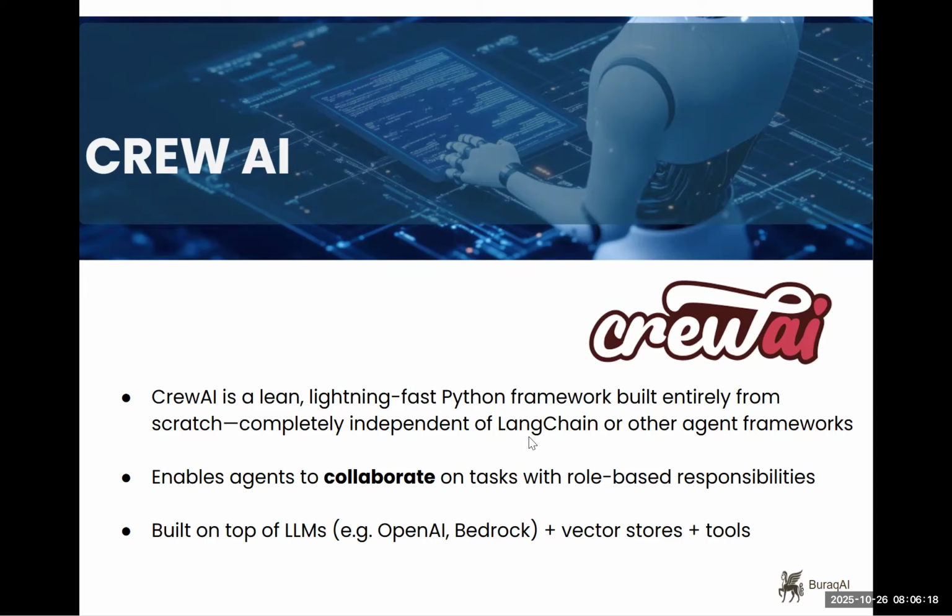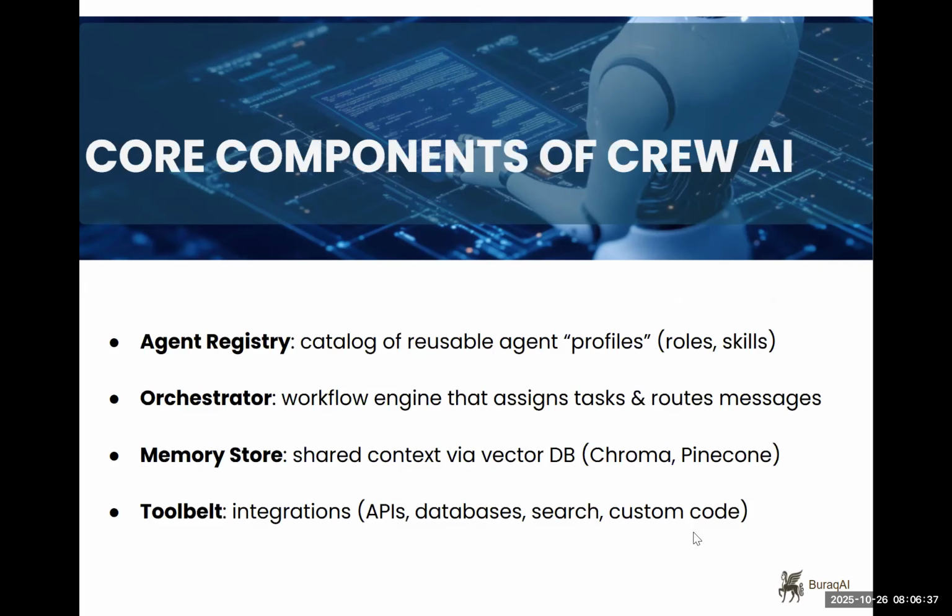So this is an independent, separately built framework with its own agent framework. It has agents that collaborate on tasks built on top of LLMs. Basically, you can connect to any of the LLMs, vector stores, and tools. Pretty much the same basic thing.